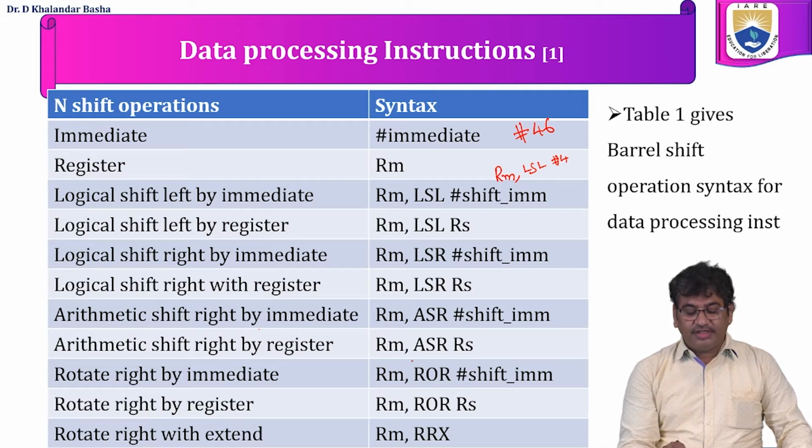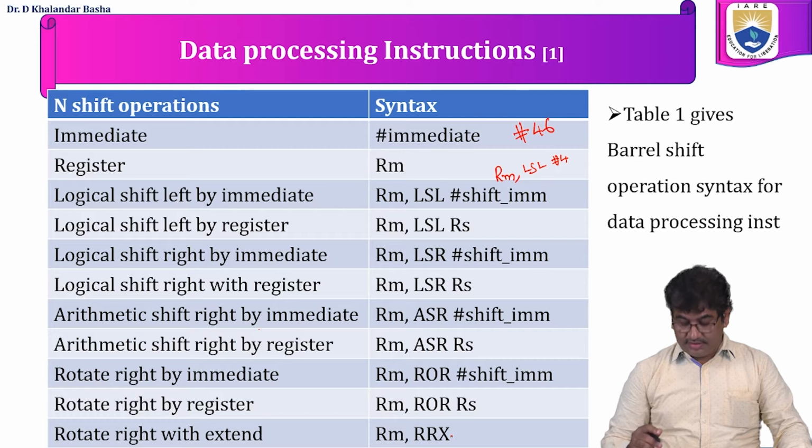Arithmetic shift right by register: Rm, ASR, Rs. Rotate right by immediate: Rm, ROR, #immediate data, so that will be provided with hash. Rotate right by register: Rm, ROR, Rs. Rotate right with extend: Rm, RRX.